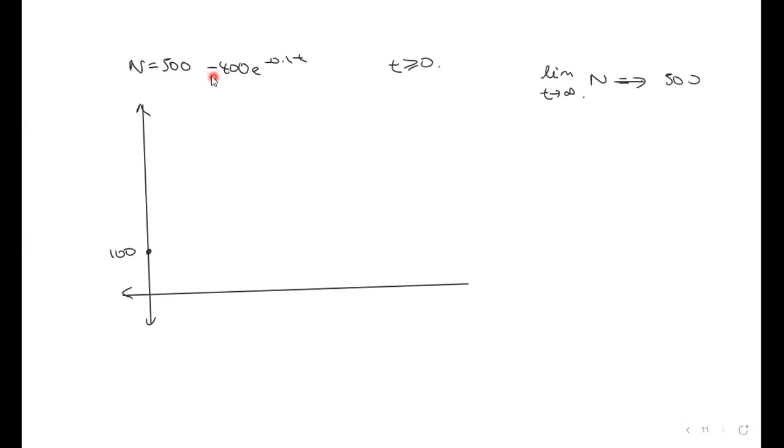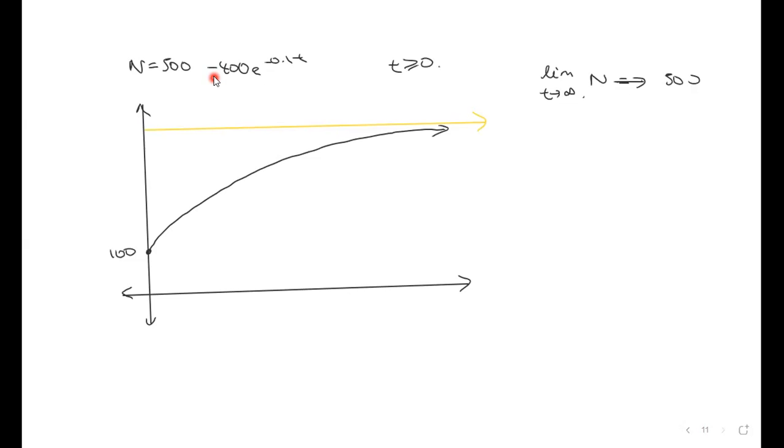So in other words, you're going to have an asymptote at 500, which I'll drop there. It's not perfectly to scale, but it will do. And so basically, you're going to get something that looks along those lines.